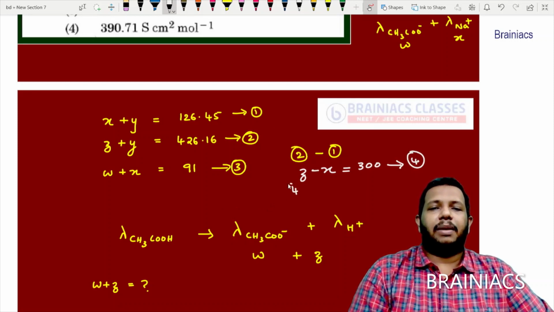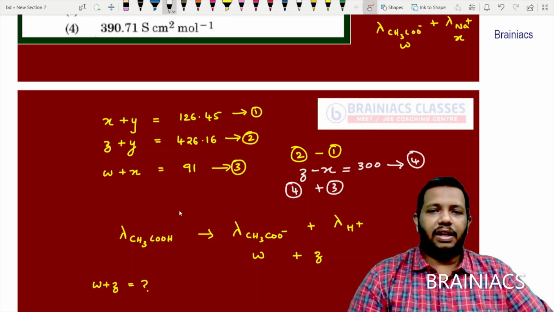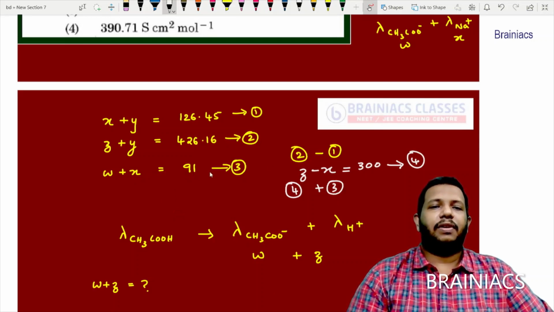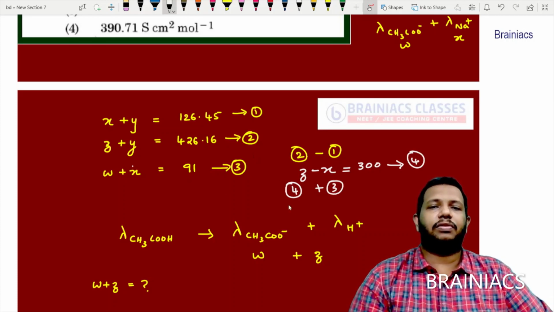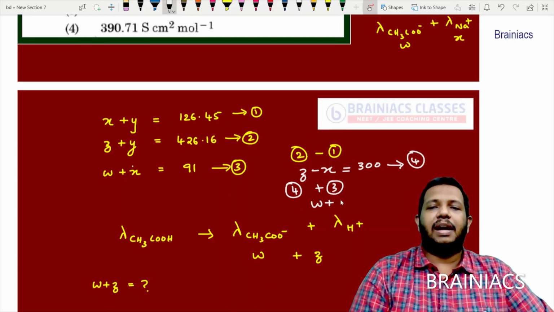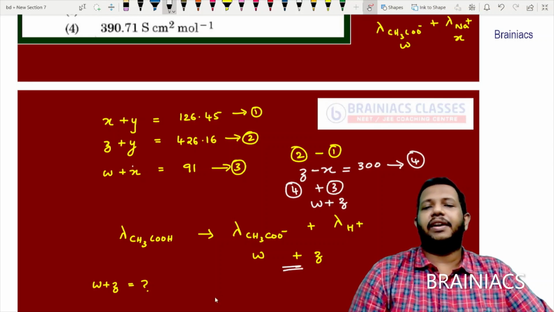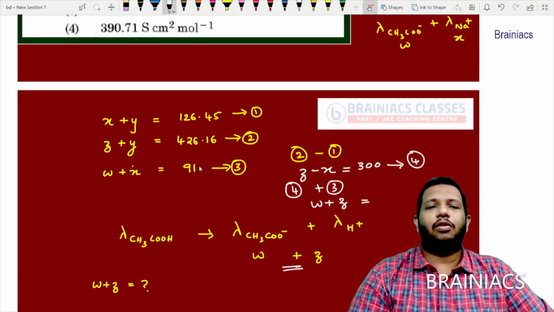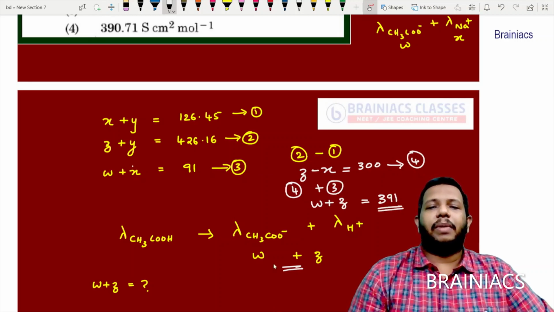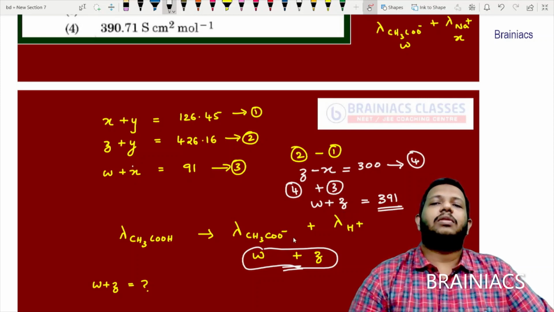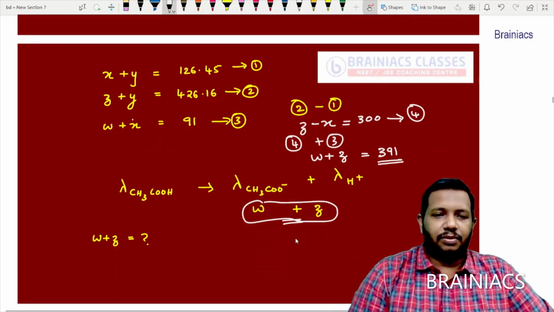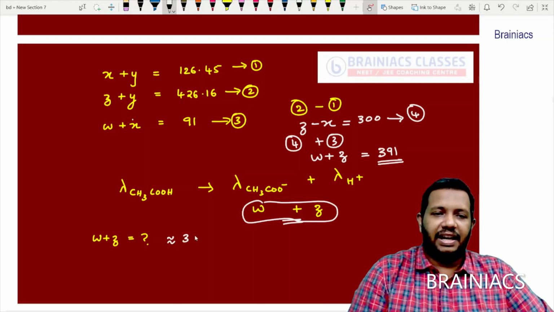One has plus X and the other has minus X, so both cancel and you get W plus Z, which is what we needed. W plus Z is 300 plus 91, which becomes 391. So the answer is approximately 391.